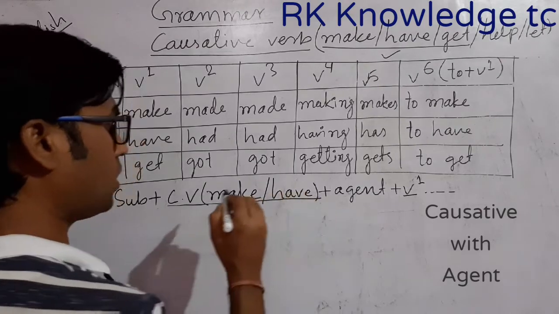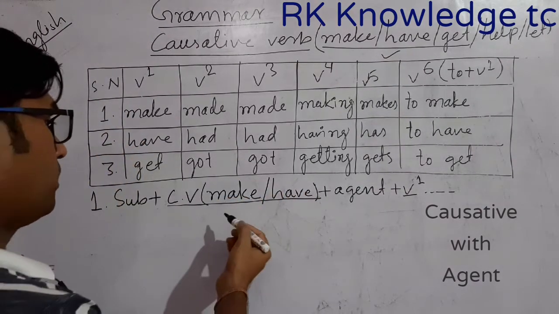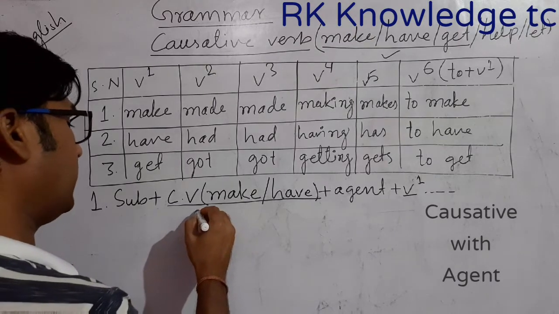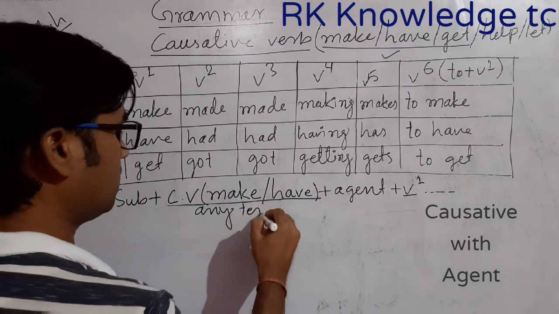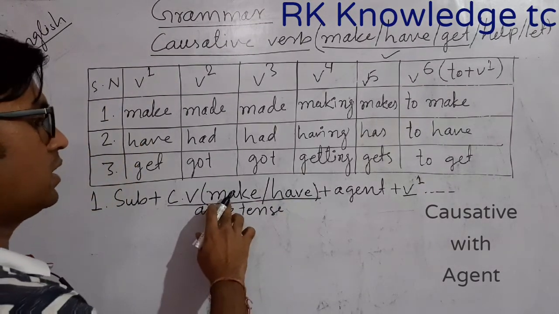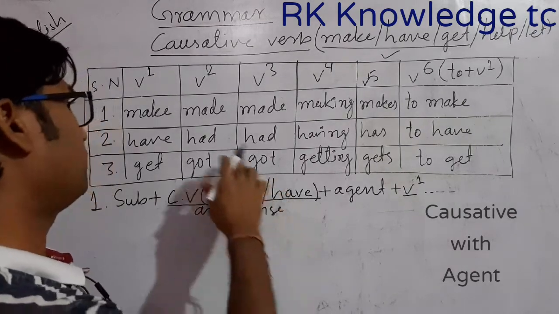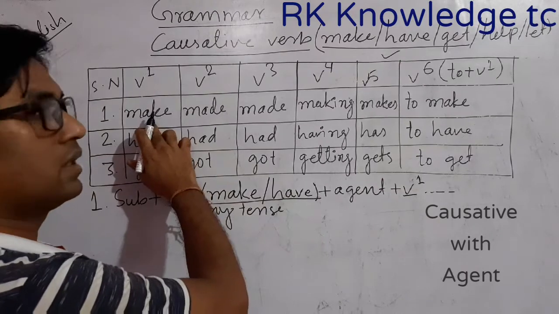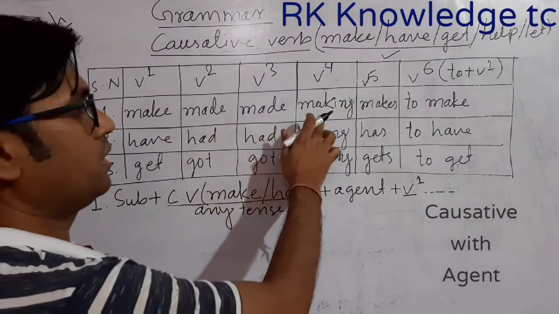We are using two causative verbs with this structure number 1. You can use it in any tense, so you can write here any tenses. This means make or have can be in different forms, like make can be used as made, making, makes.